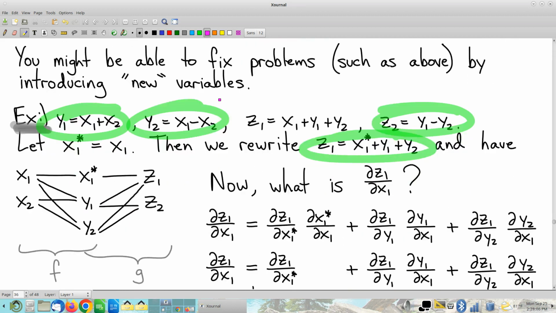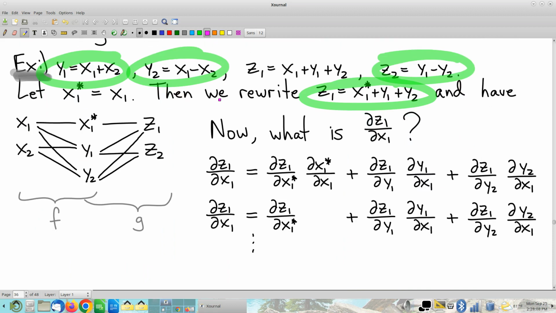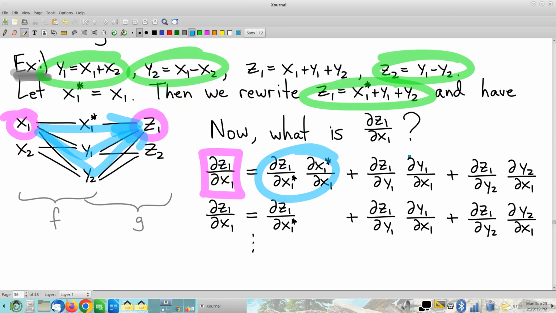Down in our fixed situation, partial of z1 with respect to x1, no problem. We have 3 intermediate variables and thus 3 terms, and off you go. It's all good at this point. Everybody happy? Okay. All right.